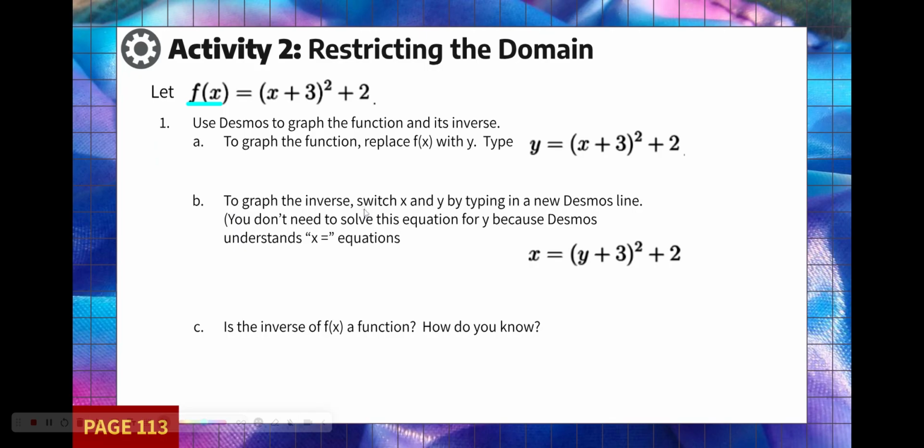And then to graph the inverse, switch x and y by typing in a new Desmos line. You don't need to solve this equation for y because Desmos understands x equations. I mentioned this earlier. You don't have to worry because Desmos knows how to read equations in terms of x. So x is equal to y plus 3 squared plus 2. Again, I just switch them. Okay? Nothing else. Now, is the inverse of f of x a function? How do you know?